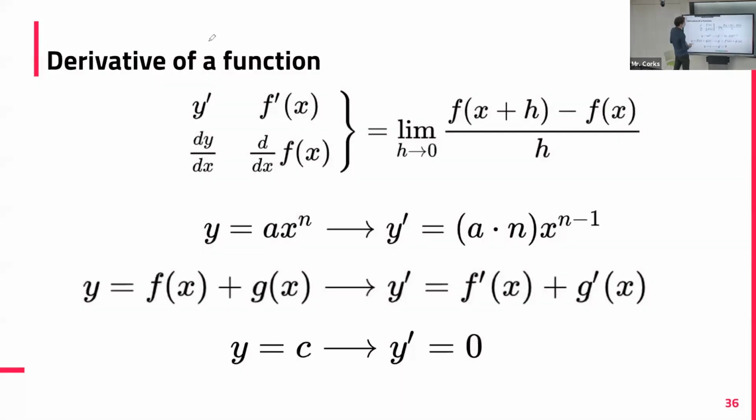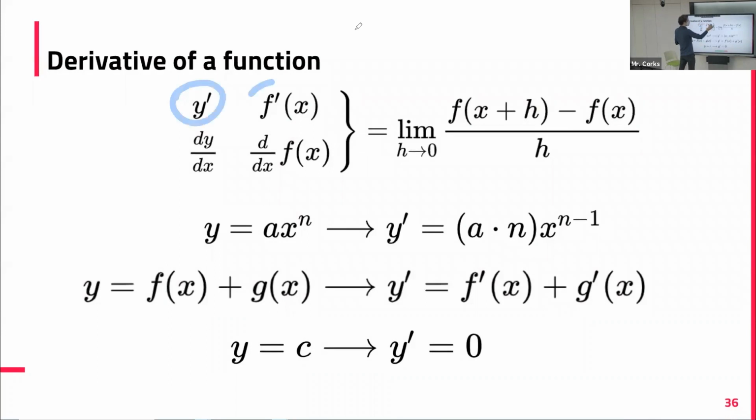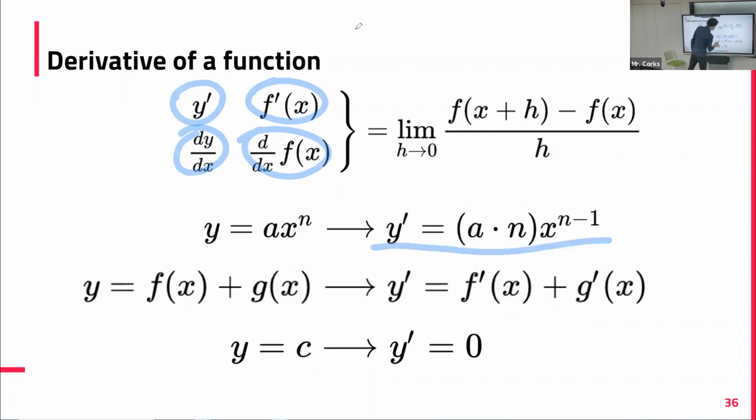Derivative notation first: 1, 2, 3, 4 things that all just mean find the derivative. And then we have 3 different rules: power rule, sum rule, and constant rule that we have been using. These 3 rules you need to remember and be ready to use.